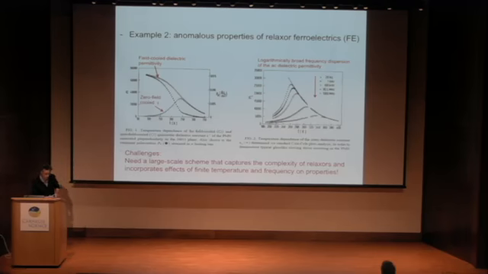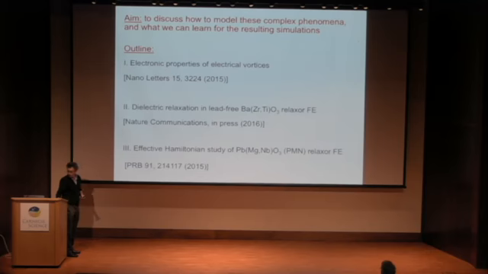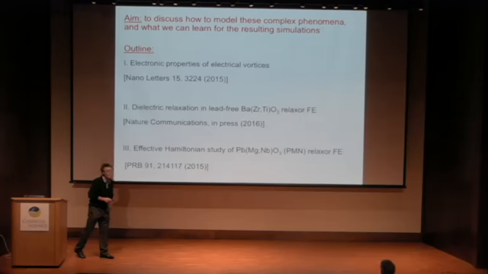So what I want to do today, if time allows, is to show you that nowadays it's possible, in fact, to tackle these problems with atomistic simulations. Not only can you tackle them, but you can also learn quite a few things from them.